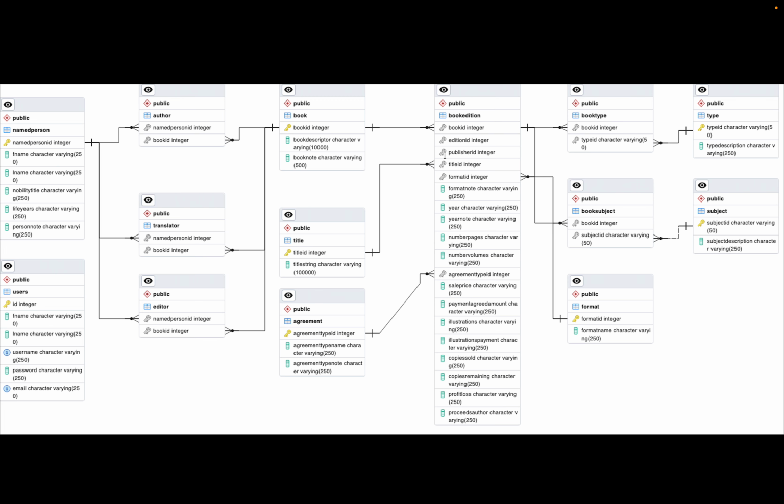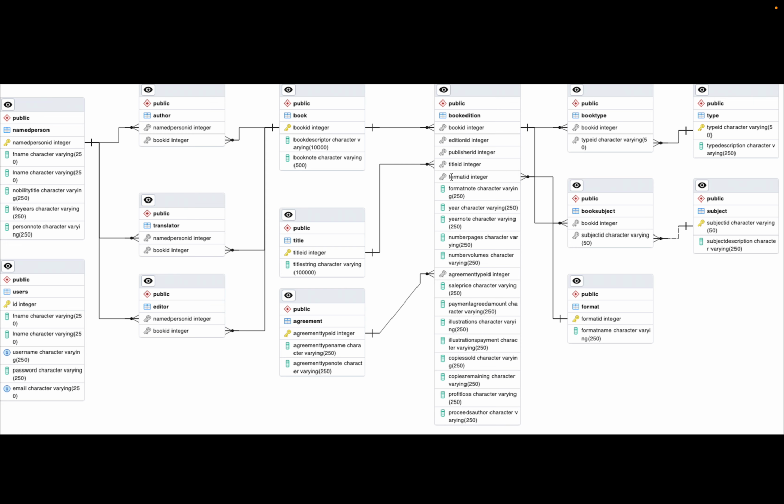And it has a concatenated key that consists of the book ID, the edition ID, the publisher ID, the title ID, and the format ID, because all these may vary from edition to edition. People, particularly John Murray, discovered books that sold well in their first edition, so he bought the rights to publish them in subsequent editions and did them in different formats.